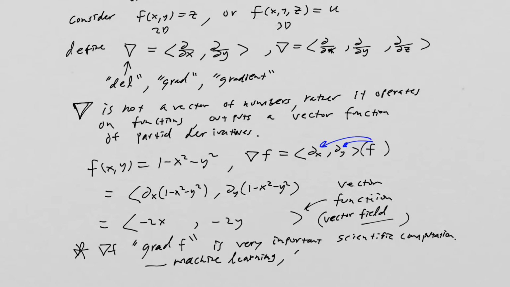Machine learning and what we call AI, artificial intelligence, all sorts of important applications are related to grad f. Grad f is a really important tool used in those things.